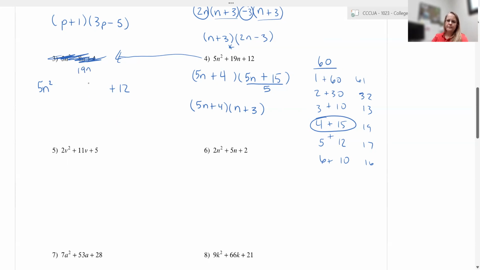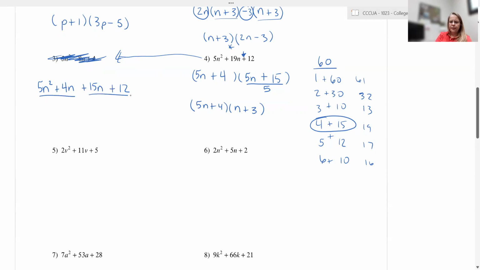I've got to split it up. Now, because this sign right here is positive in my trinomial, that means I still got to use the same factors that add up to 19. So I'm going to write this as 4n plus 15n.